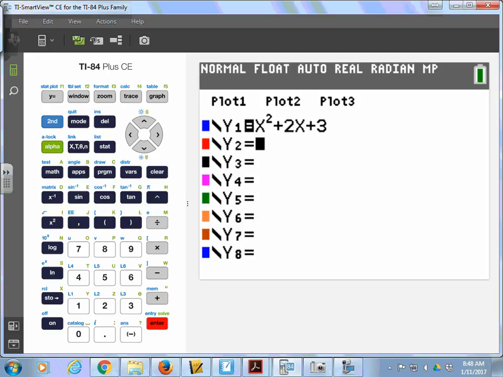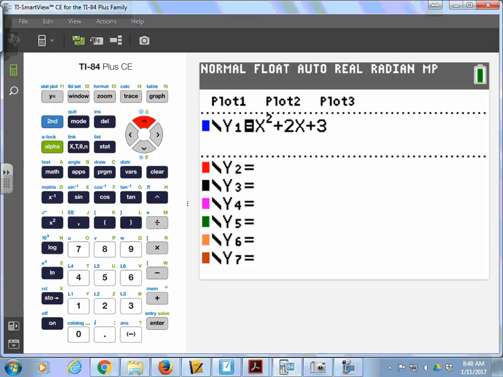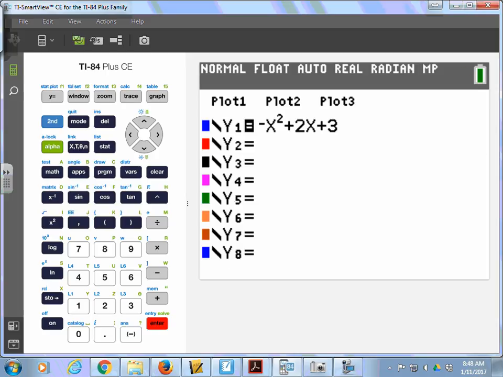I want you to change the x squared term, the first term, to be negative. Here's what you do: second, delete, that's insert, then put a negative sign there. Do that on all three of them, and then regraph them.